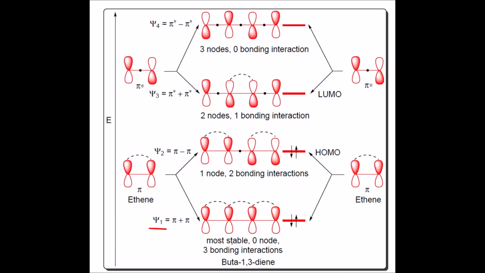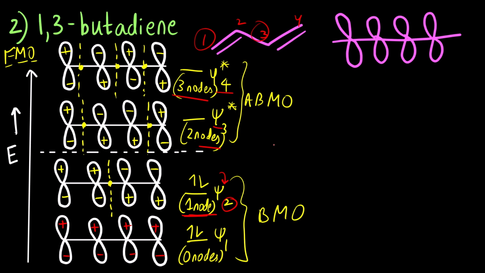Okay, so for psi 1 you can see there are 0 nodes and they have shown the bonding interaction, that means same phase overlap; there are 1, 2, 3 bonding interactions. In psi 2 there are 2 same phase overlaps, that is why they have written 2 bonding interactions. Okay, and what about the HOMO and LUMO? So among the bonding molecular orbitals, HOMO is the highest occupied molecular orbital.